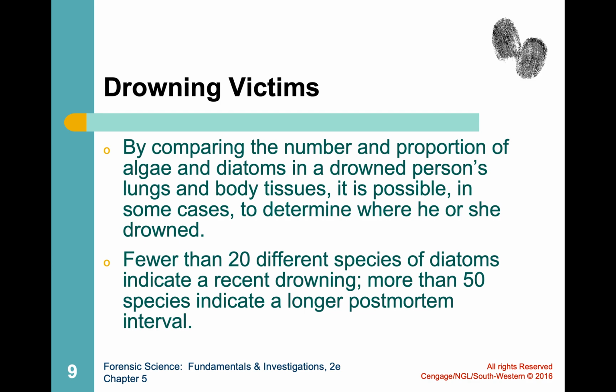By comparing the number and proportion of algae and diatoms in a drowned person's lungs and body tissues, it is possible in some cases to determine where he or she drowned. You can also create a timeline, or PMI, postmortem interval: fewer than 20 different species of diatoms indicate that it was recent, and more than 50 species indicate a longer postmortem interval.